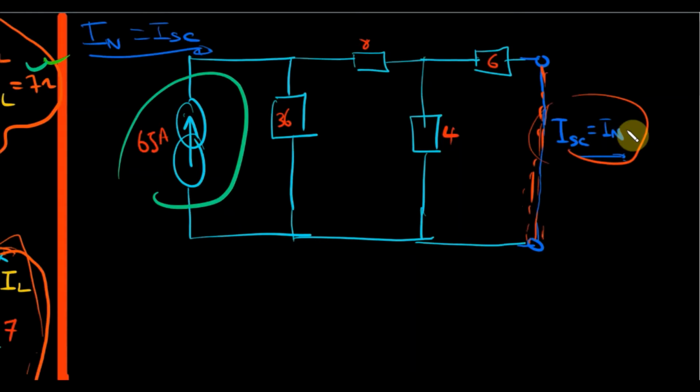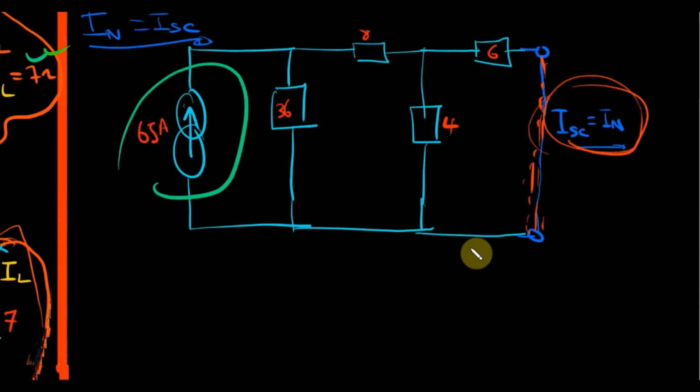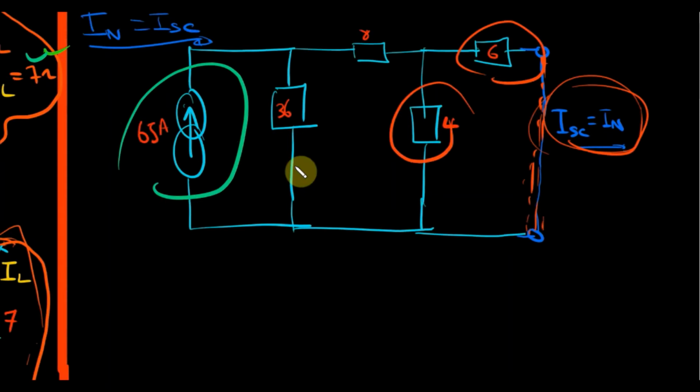From that short circuit point, that's where we can measure our short circuit current, which is the same as our Norton current. Right from here, you can see that 6 and 4 are parallel to one another, and they're in series with that 8 ohm resistor.